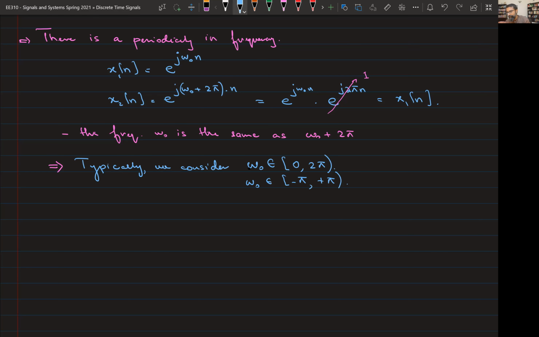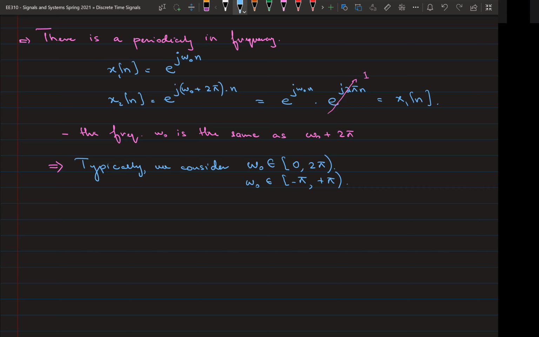Right? Both are equivalent. Okay? So if our omega is 2 pi, we'll consider it as 0. Yes, exactly. 2 pi is 0. Excellent. Yes, Umar.